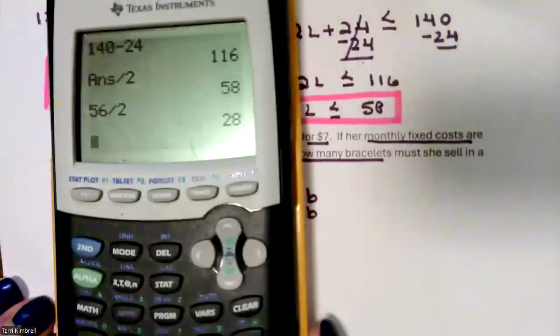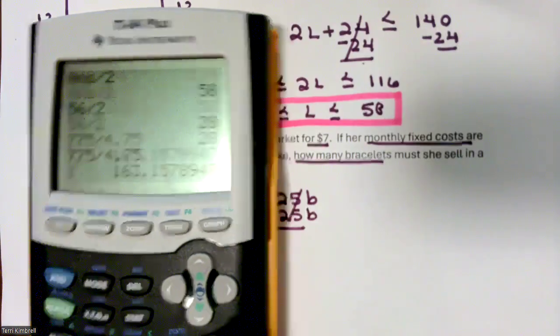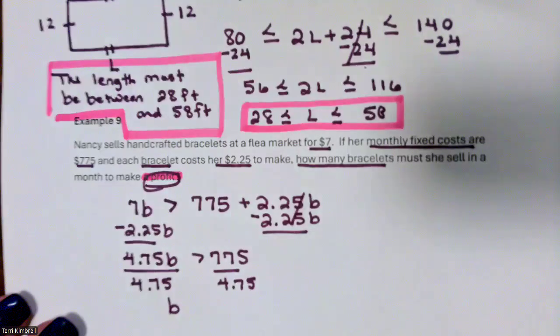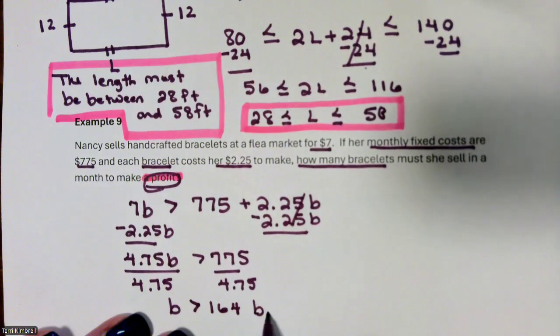Okay, so when you take that 775 and you divide by 475, you're going to see 163.15. But we want to make a profit, so we're going to have to round up. So it's going to mean she has to sell greater than 164 bracelets.